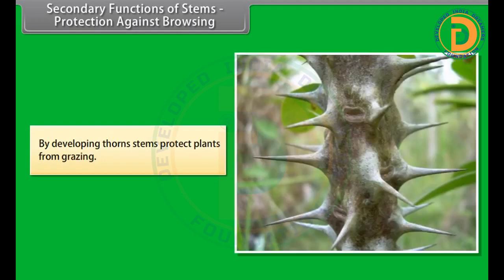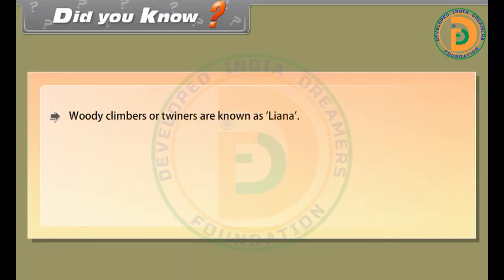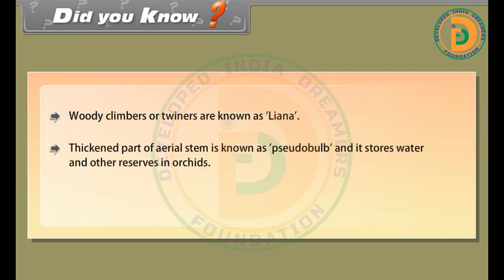By developing thorns, stems protect plants from grazing. Did you know? Woody climbers or twiners are known as liana. Thickened part of aerial stem is known as pseudobulb, and it stores water and other reserves in orchids. Banana suckers are known as sword suckers.